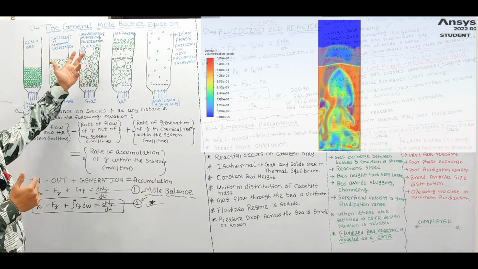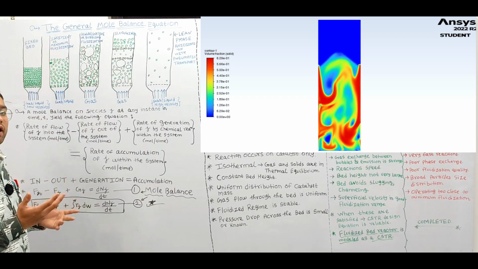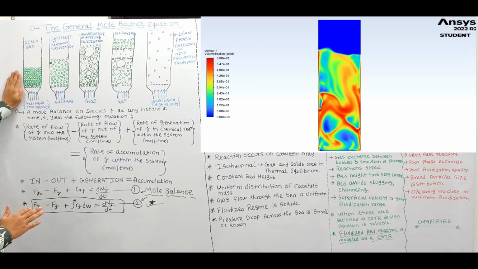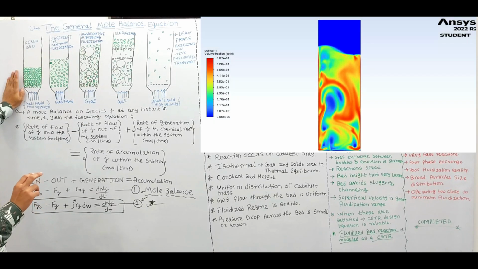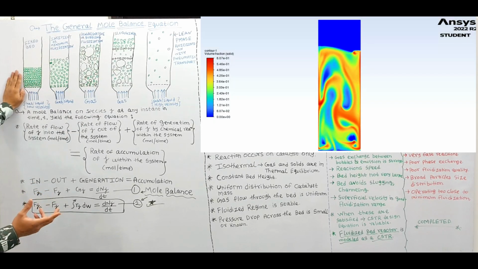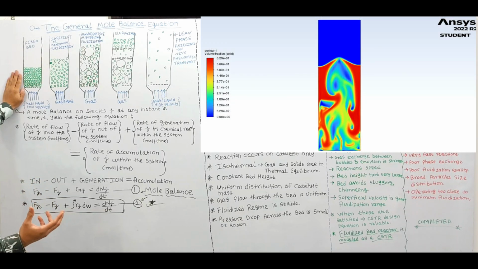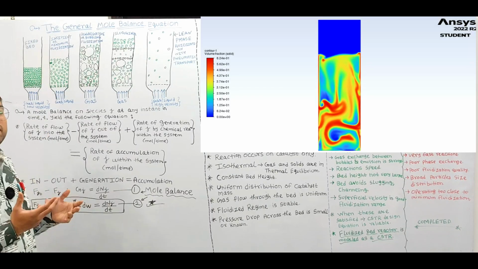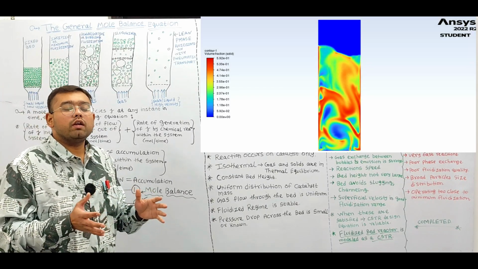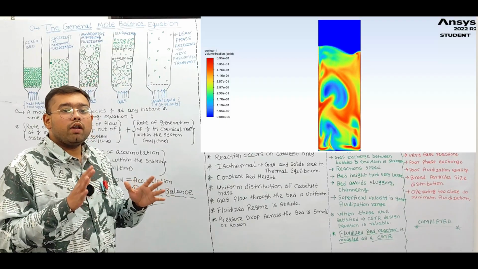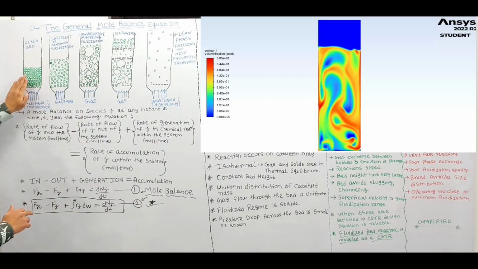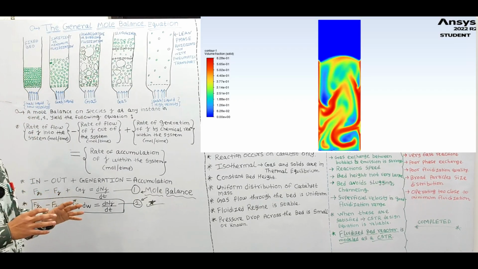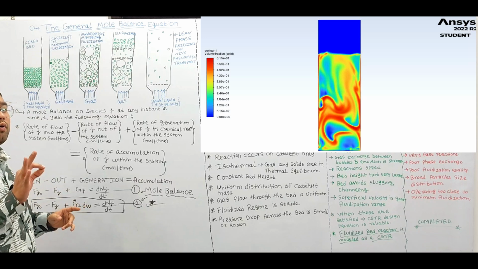So what does the term fluidized mean? In the first case we had the fixed bed of the solid catalyst. Fluidized means the solid catalyst bed will behave as a fluid, like boiling water. The entire emulsion phase or dense phase or solid catalyst phase will behave like boiling water. It's called fluidized, right?